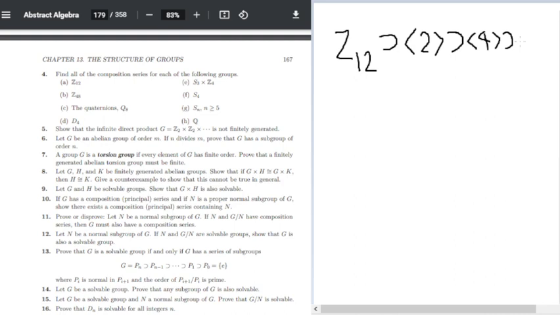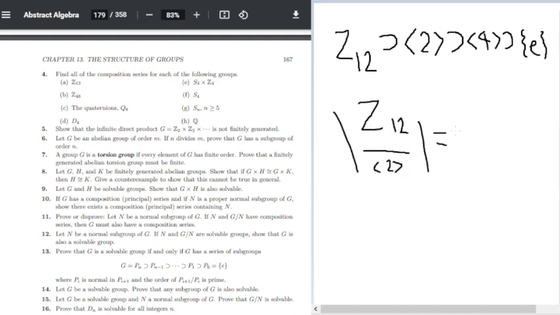So Z mod 12 over the subgroup generated by 2. Well, we know that this factor group is going to have order 2, which means that it needs to be isomorphic to Z mod 2.